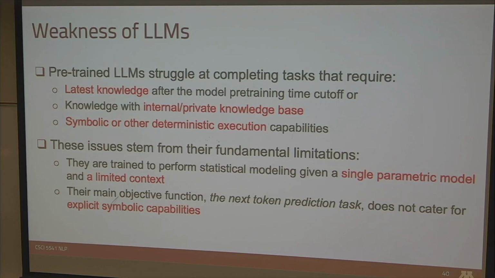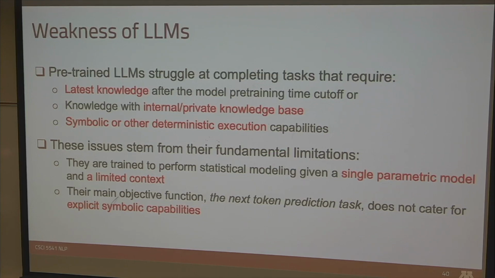And also because they're trained with the next token prediction task, tasks like symbolic reasoning or deterministic execution of program code and mathematical equations are all very difficult for language models. And this difficulty stems from their fundamental limitations.